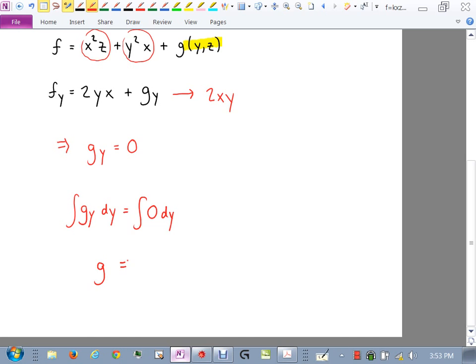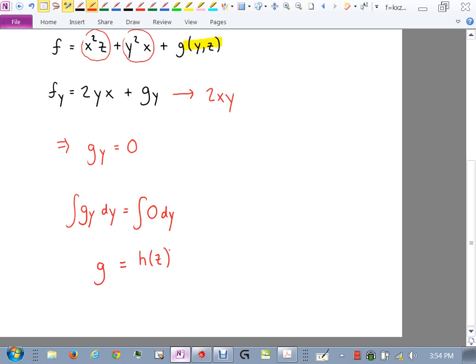Some function of z, right? So I'm going to use h of z. I could have some function of z here, which could turn out to be a constant, but no matter what, it has just z's in it. Because when I differentiate it, it has to go to 0 when I differentiate with respect to y.